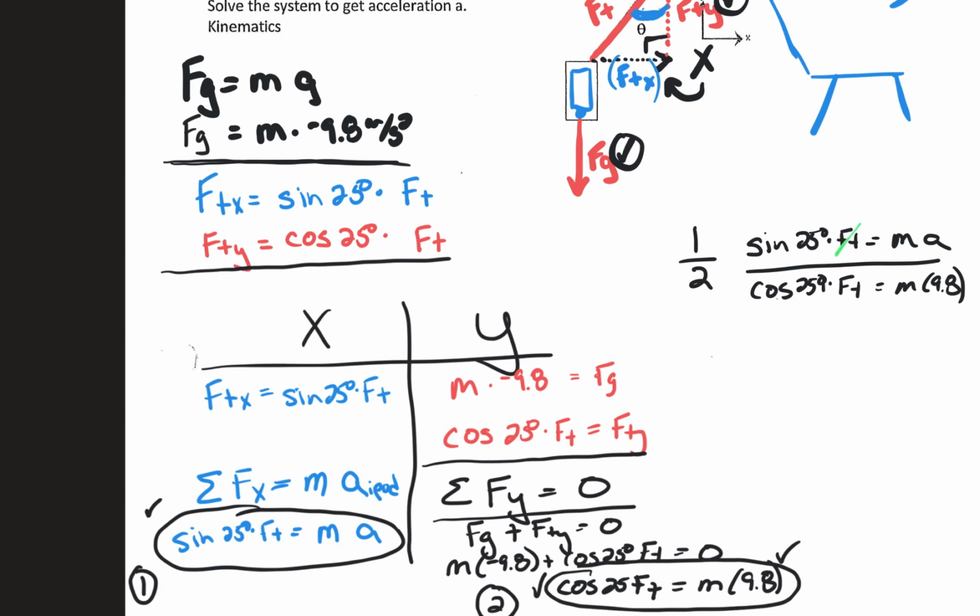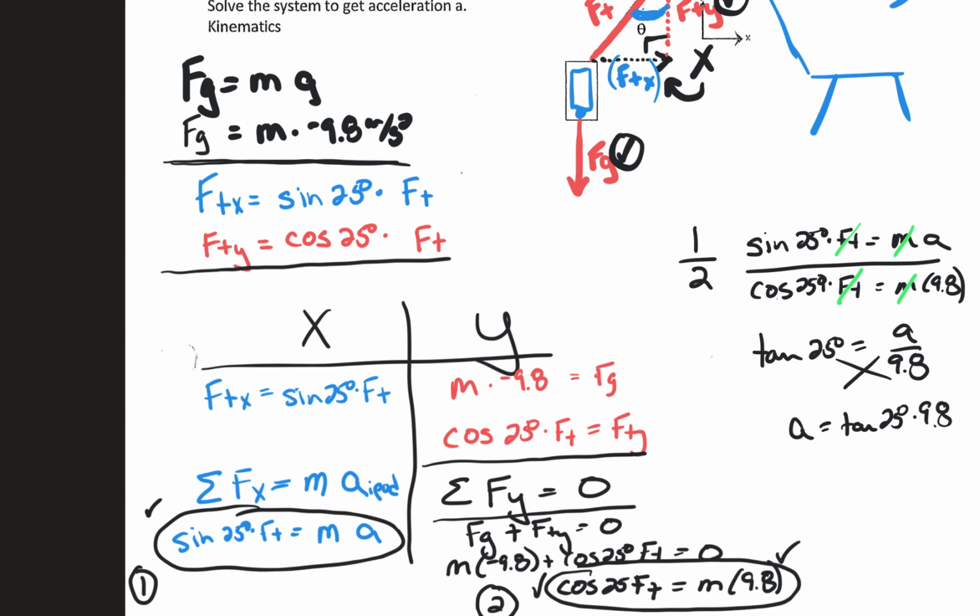And we can cancel out our ft's, we can cancel out our masses, and we can simplify sine over cosine. Sine of 25 over cosine of 25, I'm going to undo that step because I think I can jump right to the answer. That's equal to tangent of 25 equals a over 9.8. And that's solvable because you can now just cross multiply. A is equal to tan 25 times 9.8.